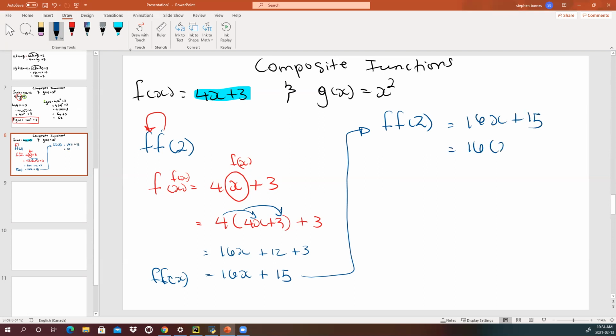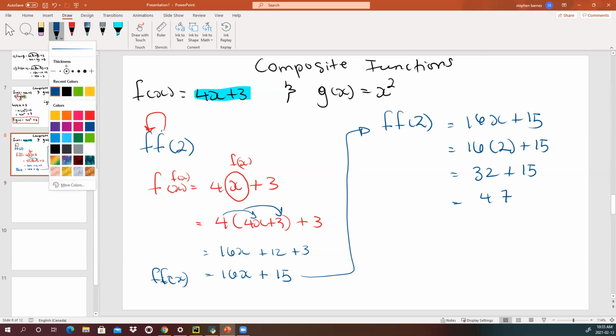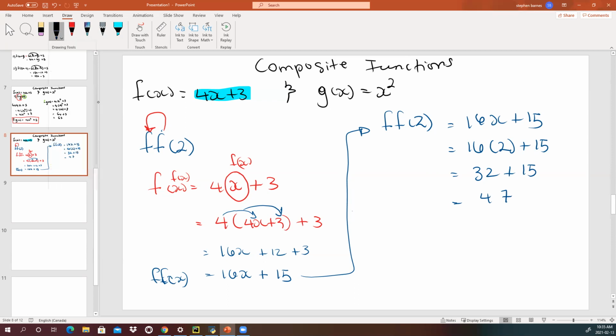I'm putting in 2 now. 16 times 2 is 32, plus 15. That should be 47.